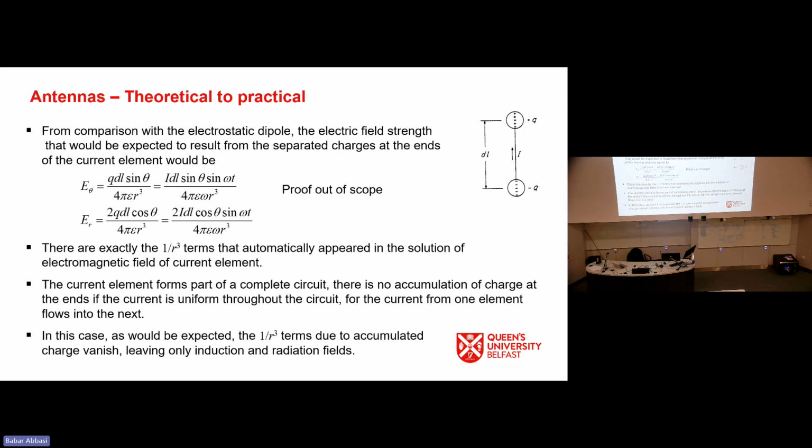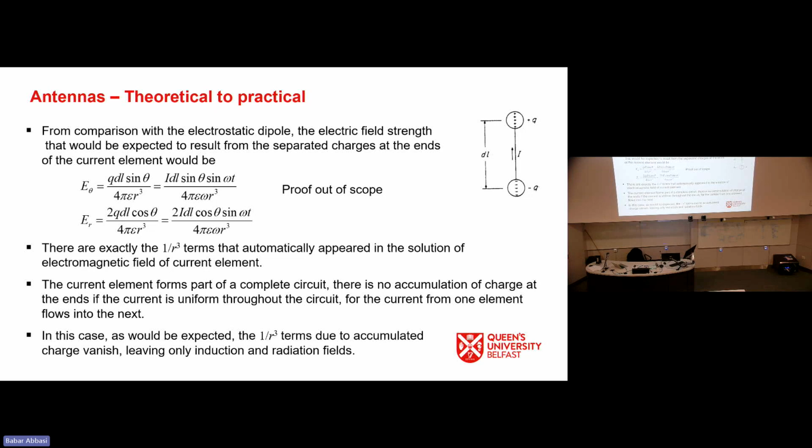4 pi epsilon. What is epsilon? Permittivity. If it's epsilon naught, then it's permittivity of free space. But it's epsilon, it means just permittivity. Okay. Omega, you already know.